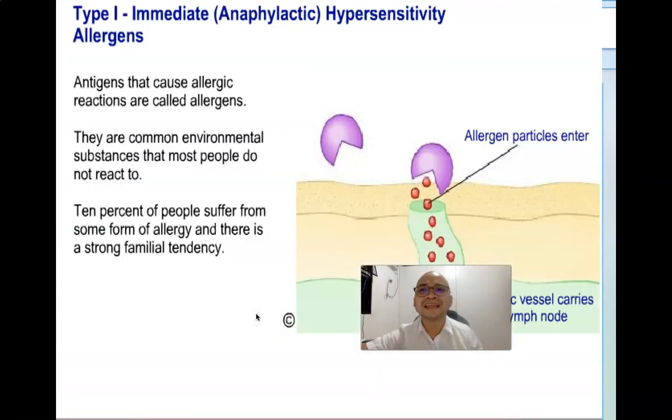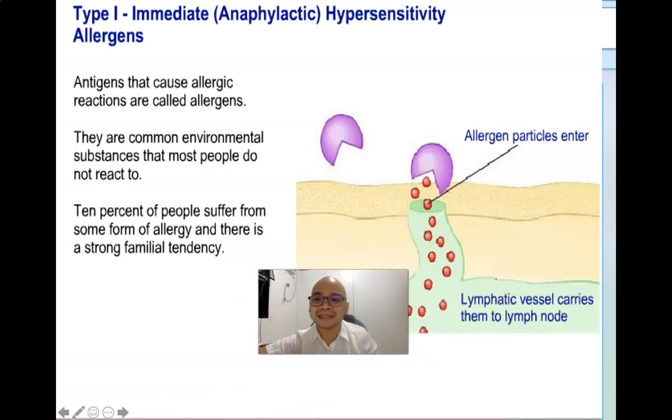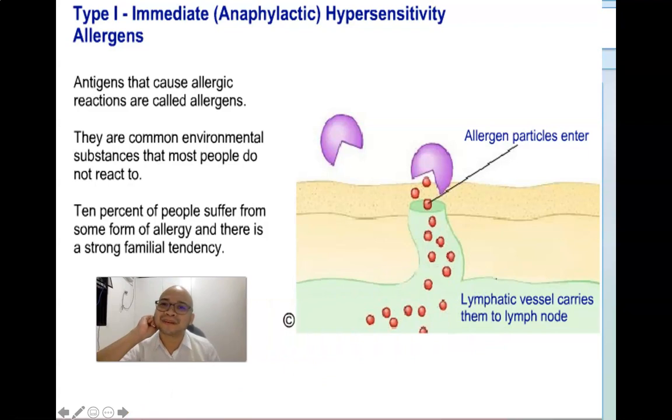And moving on, let us discuss first the type 1. Type 1 is also known as the immediate or the anaphylactic hypersensitivity reaction. When you say type 1, the antigens that cause allergic reactions are also termed allergens. So yes, if you're familiar with allergic reaction, that is considered a type 1 hypersensitivity reaction.